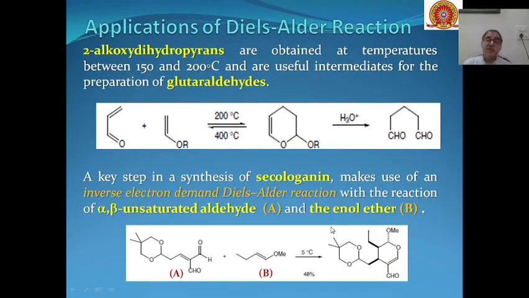Then applications of Diels-Alder reaction. Different types of dienes and dienophiles, they interact with each other to give us very important and useful products which are used in the synthesis of many important chemicals, natural products and drugs, etc. So first example is 2-alkoxy dihydropyrans. 2-alkoxy-dihydropyrans, they are obtained at temperature between 150 to 200 degrees centigrade, and they are useful intermediates for the preparation of glutaraldehydes.